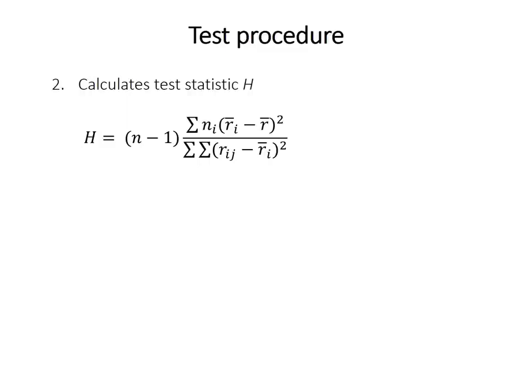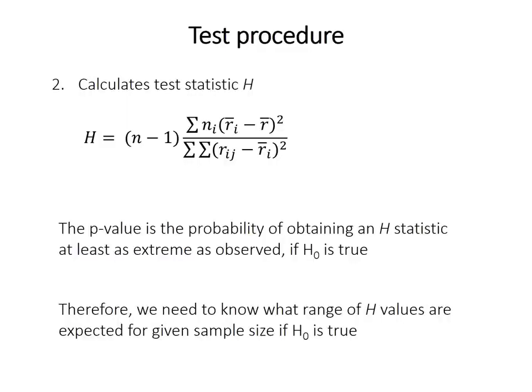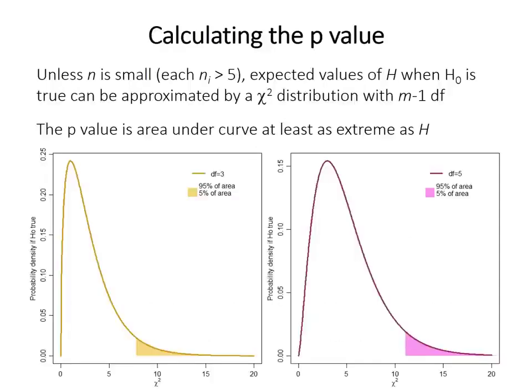But to calculate the p-value, we need to know the probability of observing an H statistic at least as extreme as we did if the null hypothesis is true. So we need to know what is the expected distribution of H statistics for a given sample size in the case of H naught being true. Unless you have quite small sample sizes, small being like 5 or less, which is very small, the expected values for the H statistic, if the null hypothesis is true, come from a statistical distribution called the chi-squared distribution.